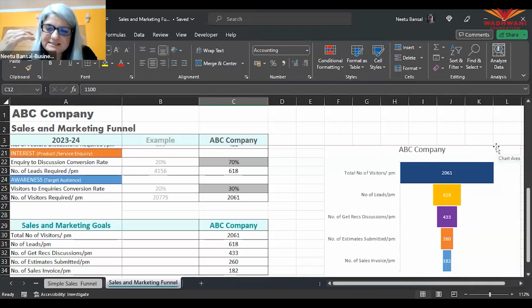We start from the number of visitors, but in case you want to evaluate the source, if you're doing SEO, you can do an SEO funnel separately. If you have a partner site where clicks are happening, you can also track that separately. So that is point one.